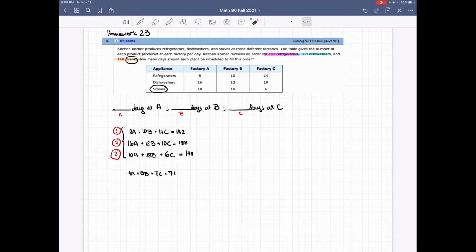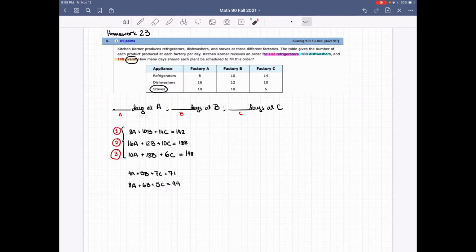Now, looking at the second equation, I see the same thing. 16, 12, 10, and 188 are all divisible by 2. So I'm going to divide 2 out. So I'll have 8A plus 6B plus 5C is equal to 94.